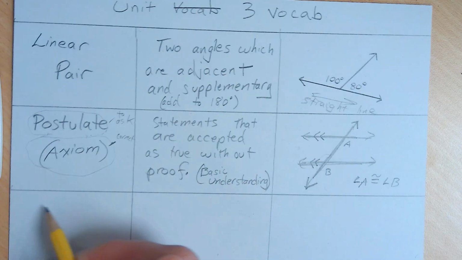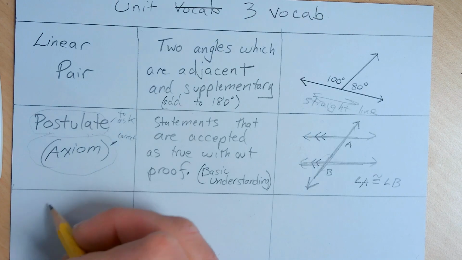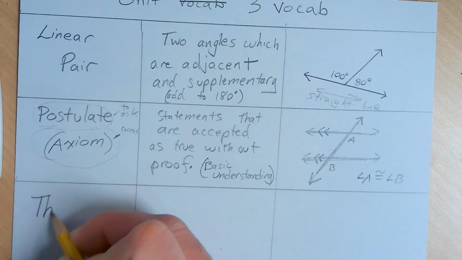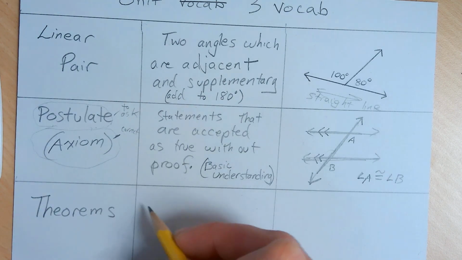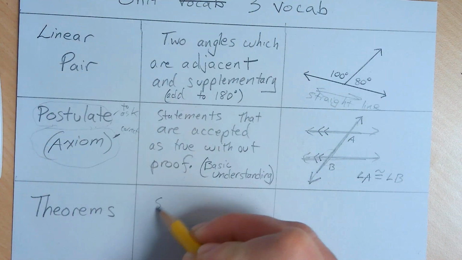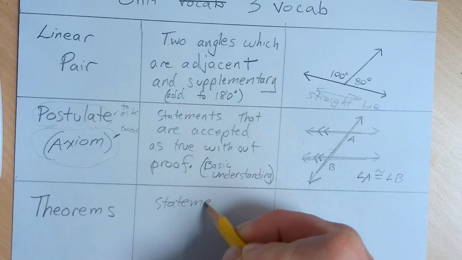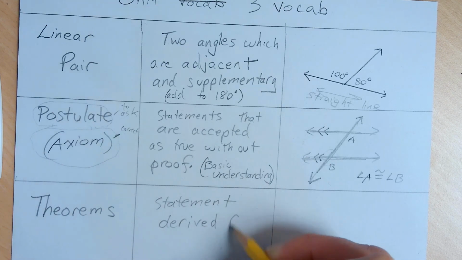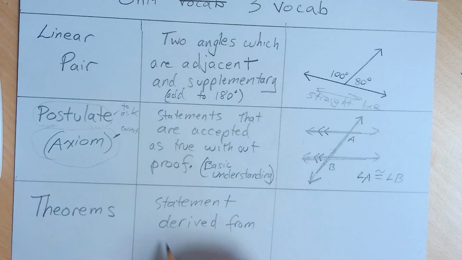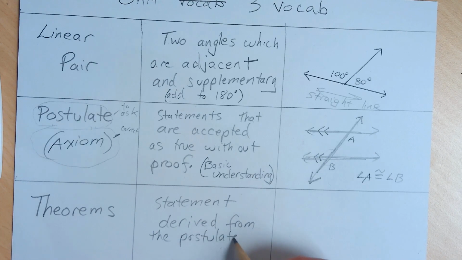But from these postulates, these basic ingredients, we can begin to build theorems. These are statements derived from the postulates and logic.